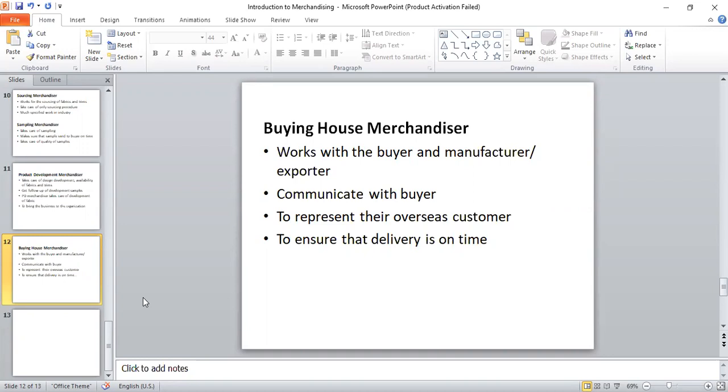The function of any buying house is to represent their customer. The work done by a buying house depends upon the size of the buying house, volumes, and the services provided, to ensure that delivery is on time, to represent their overseas customers, and to communicate and work with the buyer and the manufacturer or exporter.